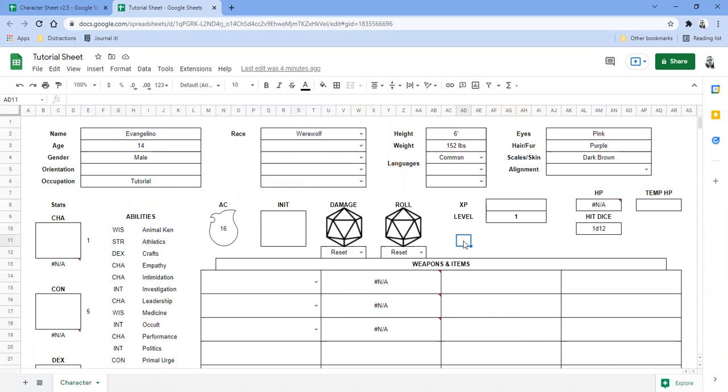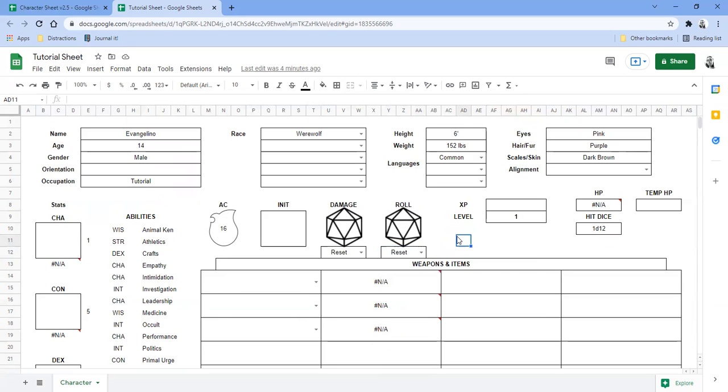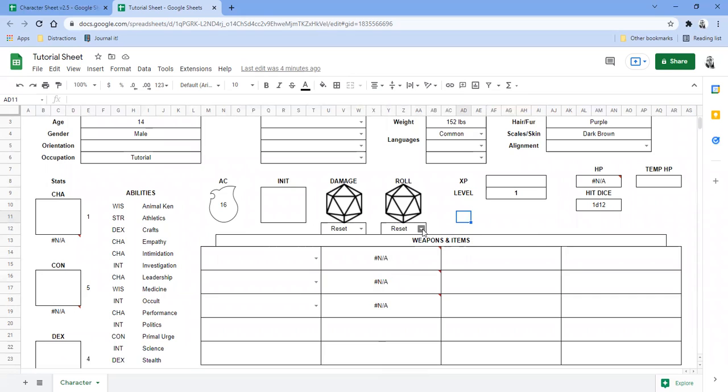All right, how do we explain this? So you're going to roll, and I have a couple different options here. You can't roll any of these yet because you don't have stuff filled out. So when you want to get your stats, you always want to roll a d20, one 20-sided die. What this does is randomly generate a number between 1 and 20.